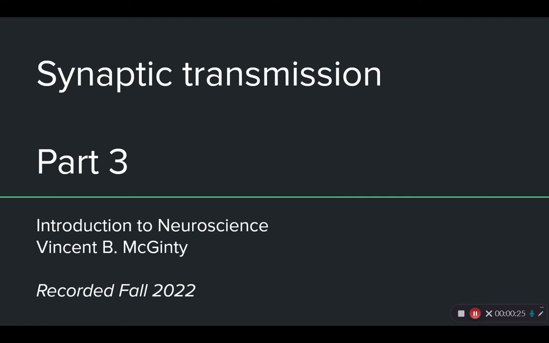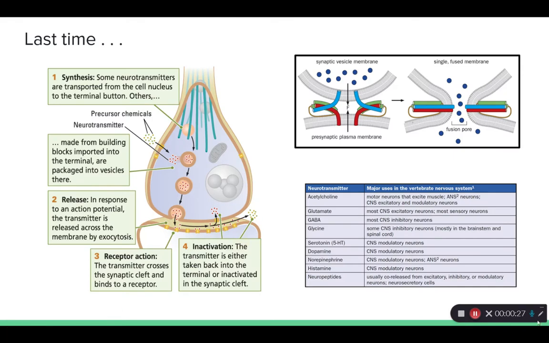So, in our previous videos, you'll remember that we've covered the basics of synaptic structure and function, and in particular we focused on the mechanisms of how vesicles fuse to the membrane and release their neurotransmitters. We also talked about several different kinds of neurotransmitters, and we looked in detail at the neurotransmitters here in this table.